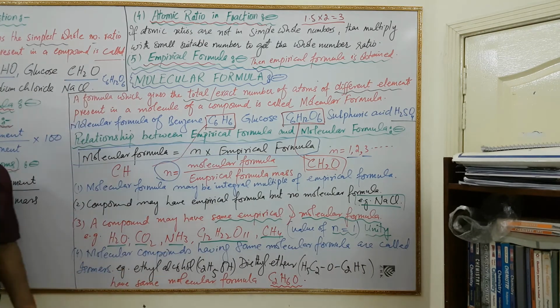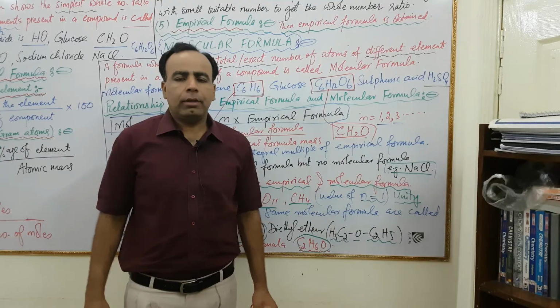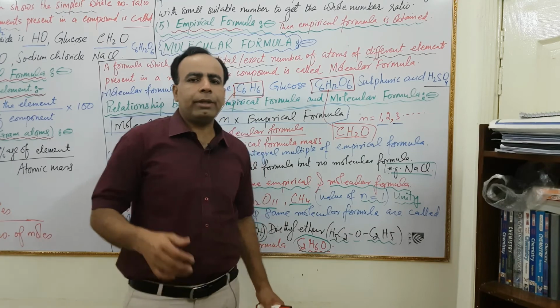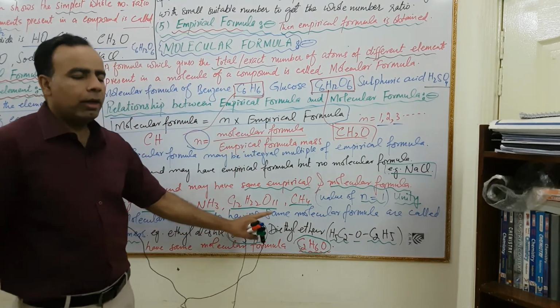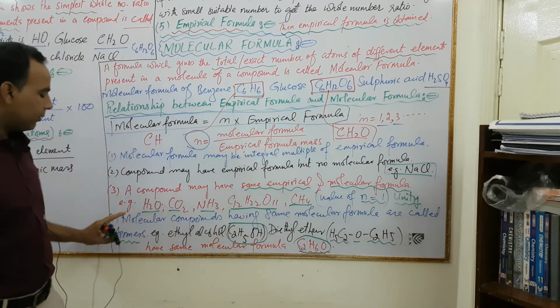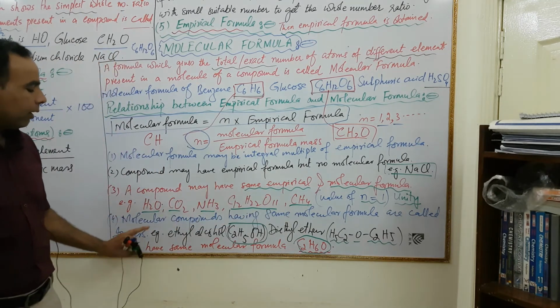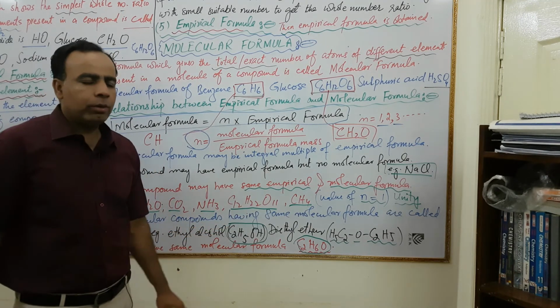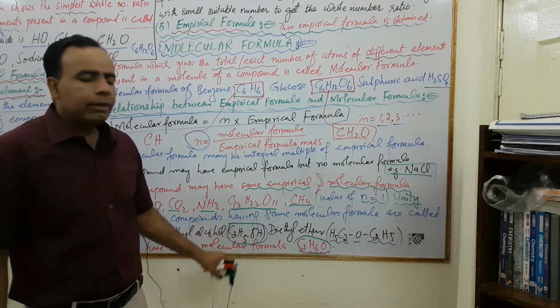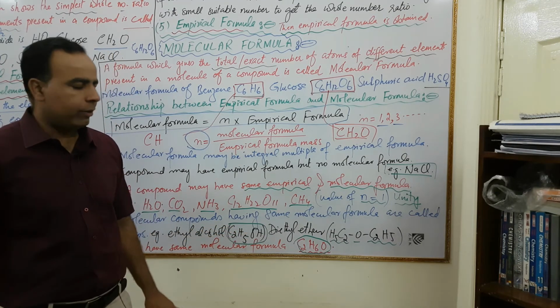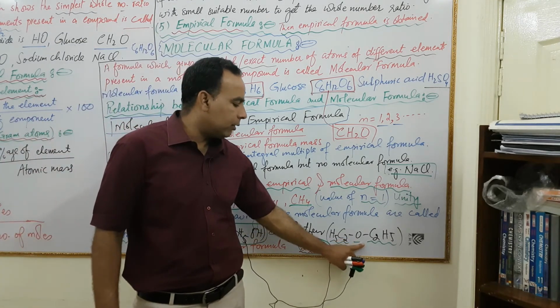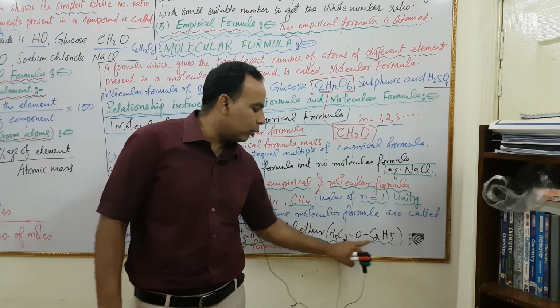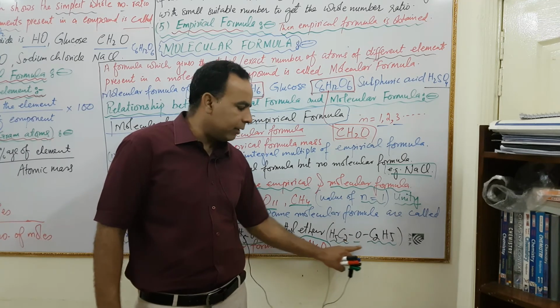Now, the last point, dear students, is that molecular compounds having the same molecular formula are called isomers. Iso means same, mer means part. For example, ethyl alcohol has molecular formula C2H5OH, while in diethyl ether, oxygen is present in the center and on both sides an ethyl group, C2H5, is attached.